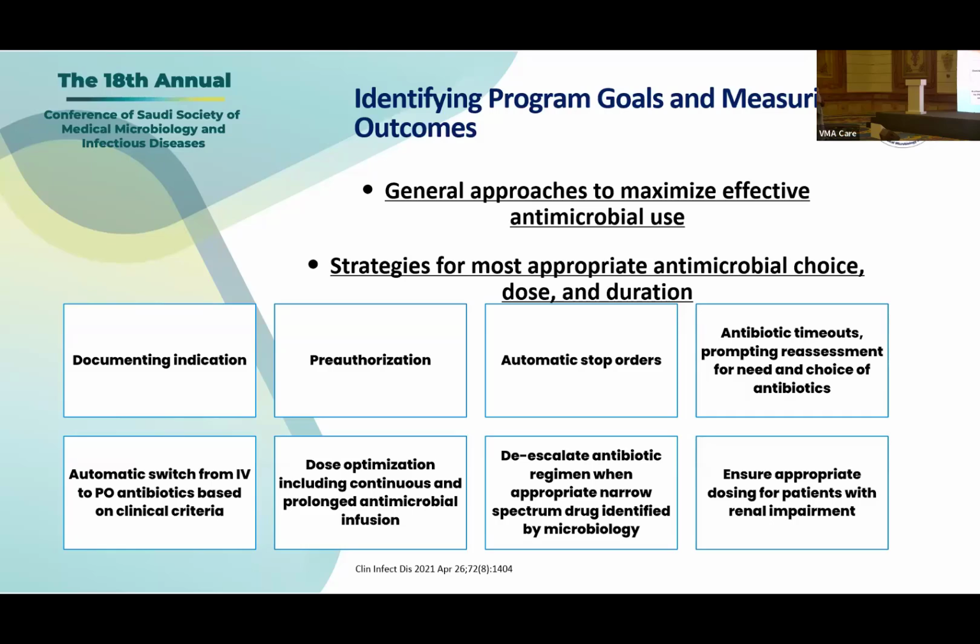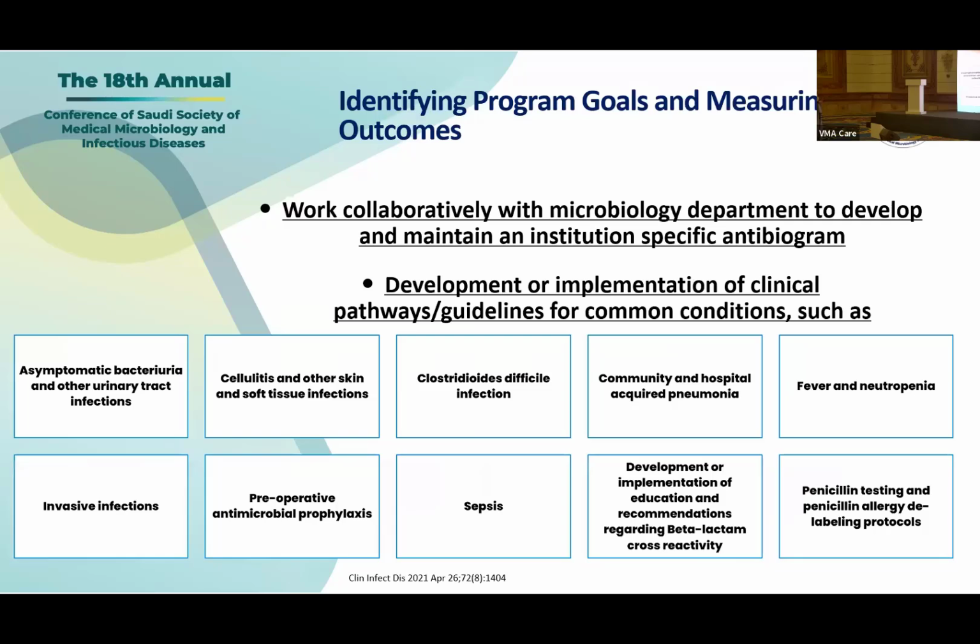Of course, this is once we do have cultures, we look at de-escalation. Ensure appropriate dosing for patients with renal failure. And there are different recommendations for algorithms that should be followed. So in your hospital, you should have a clinical pathway or guidelines for UTI, for C. diff infection, for cellulitis, for febrile neutropenia.